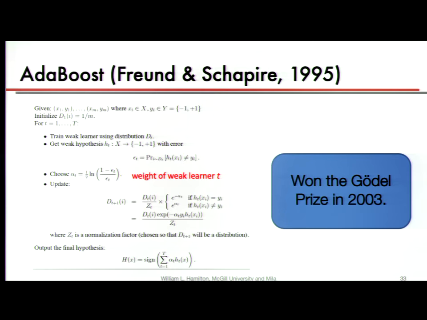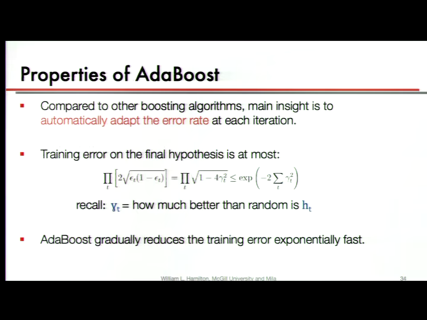So this model is a very, very interesting approach, and again, I'm not going to ask you to be able to do these derivations. It did win the Gödel Prize, so it's a complicated thing, but the important thing here is that when we're combining all of these models together, the final training error that we get is going to be at most this.